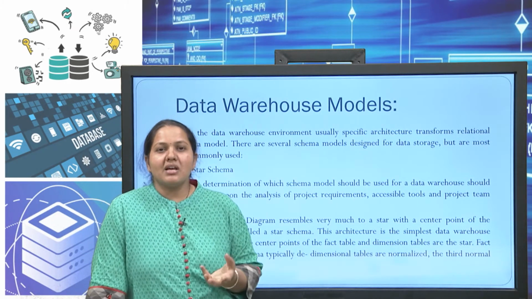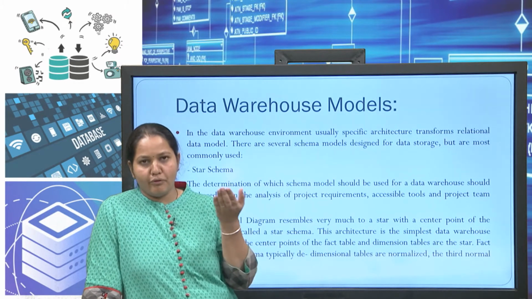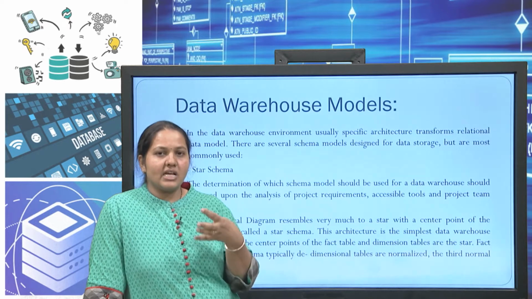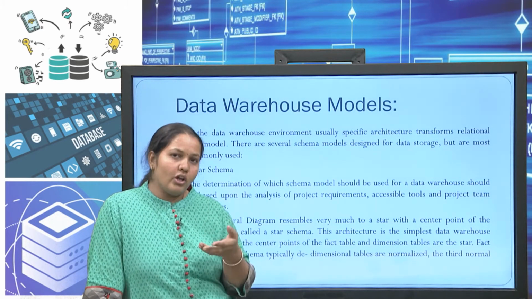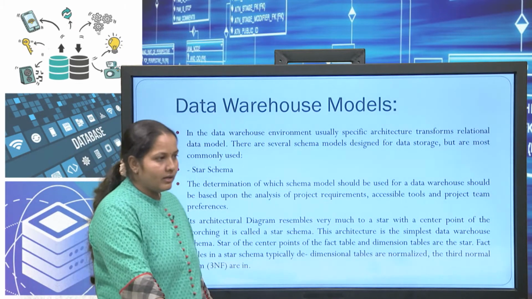So, star schema is nothing but representing the modeling concept of your warehouse, in which whatever related tables, which are the key parameters of your warehouse, you have to define in the form of your star schema.